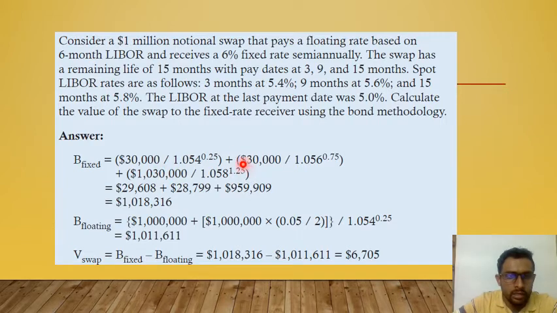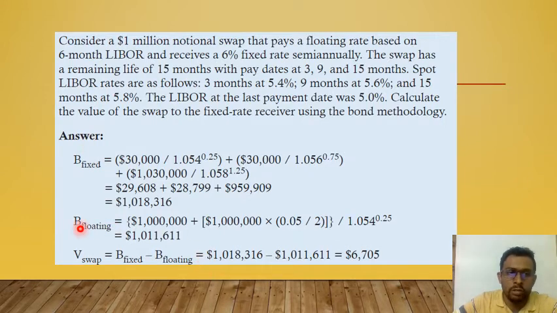At the end the principal is also brought back to the current period using the 15 months LIBOR rate. So it gives 1,018,316 as the value of the fixed bond.